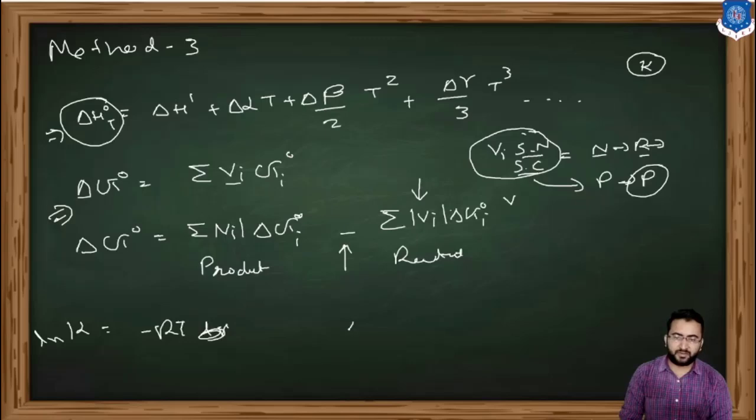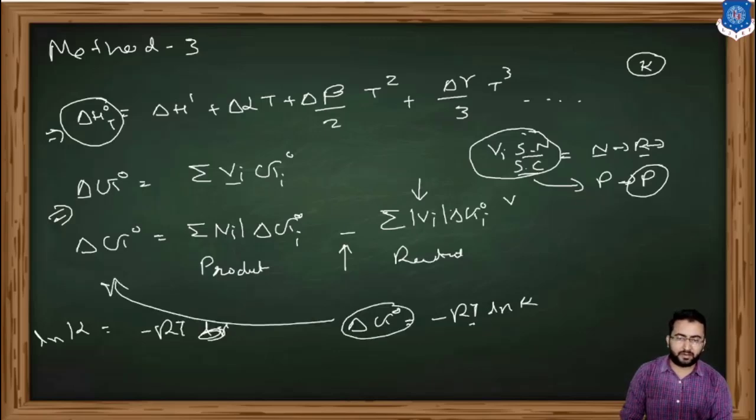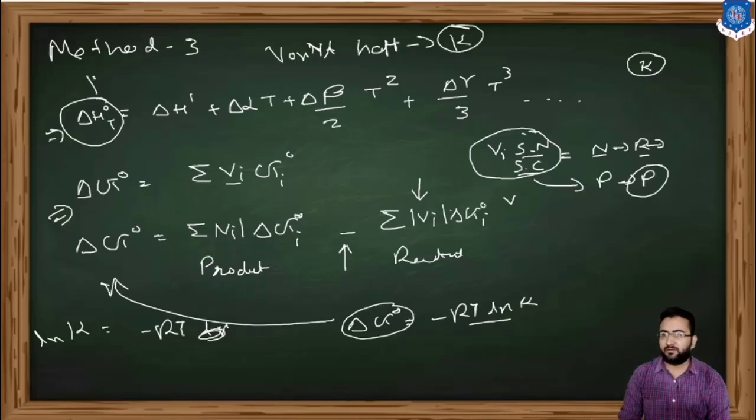It becomes delta G naught is equal to minus RT ln K. So using this value we can find ln K, and again we can use the van't Hoff equation, or the effect of temperature on the equilibrium constant, where we can find delta H naught and the value of ln K. So this is how we can find the value of ln K.